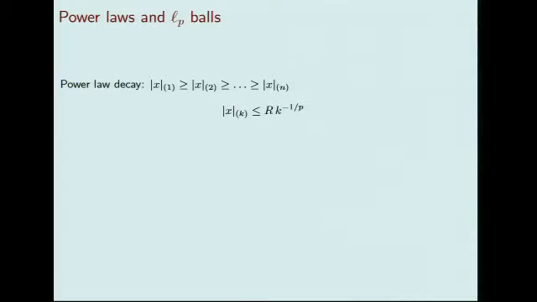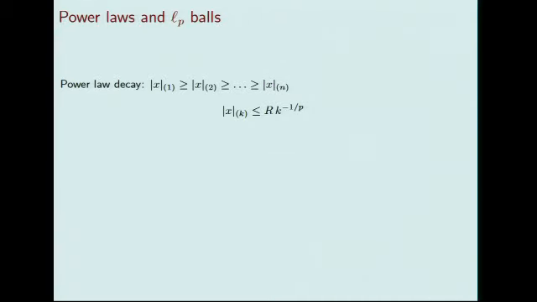So we're going to take a model of signals such that when I reorder the entries by decreasing order of magnitude, I see a power law decay. One way to express this mathematically is to say that the k-th largest entry of x decays like k to the power minus 1 over p.